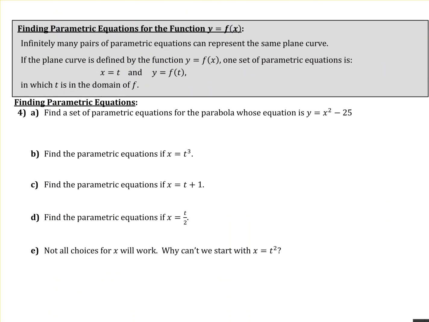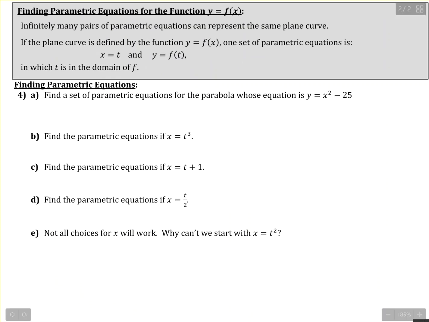Now, finding parametric equations for the function y equals f of x. One thing we can always do is let x equal t and then let y equal, basically swapping out x for t. But there are infinitely many different ways I could choose my parametric equations to represent the same plane curve.